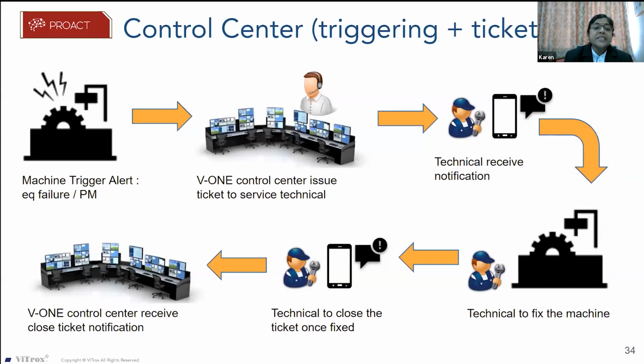So that's one of the reasons we set up a control center, to alarm you before an abnormality or before certain incidents. You can set your parameters according to your processes and procedures so that before certain incidents happen, you'll be able to control it and take action on that. So this is the control center system that we have in terms of alert triggering and also e-ticketing, where you can visualize it on your desktop, on your laptop, or even on your mobile.